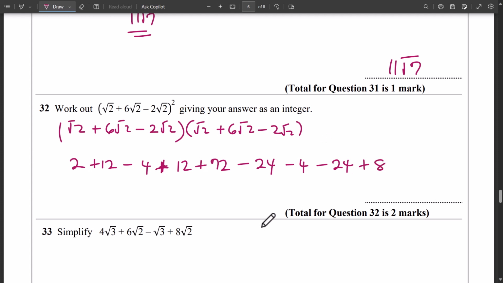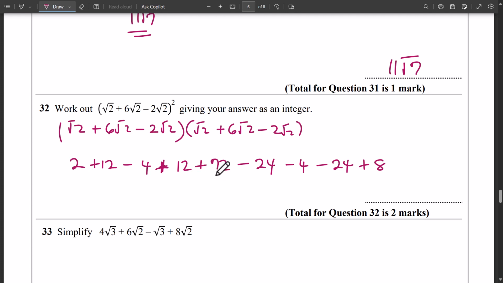So now we're going to try to simplify this. 2 plus 12 is 14. 14 minus 4 is 10. 10 plus 12 is 22. 22 plus 72.